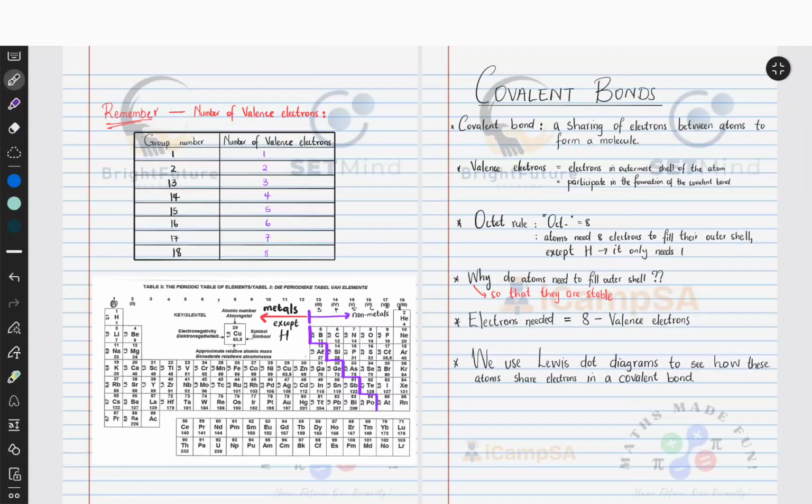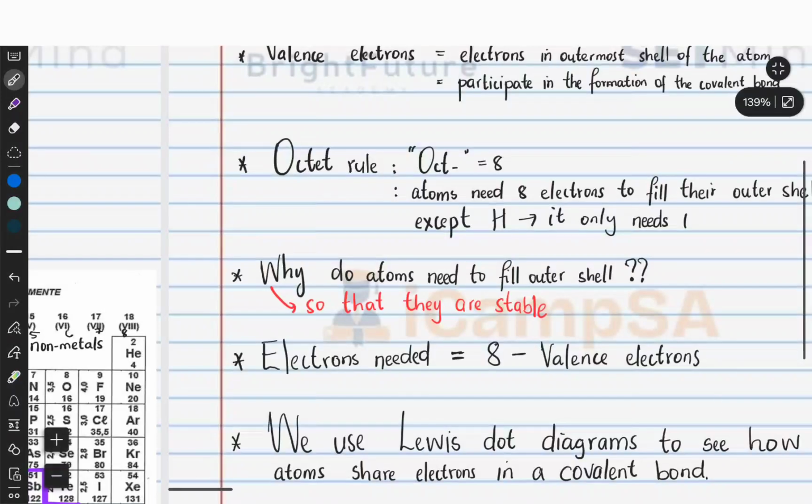So let us check how we normally use these Lewis dot diagrams to visualize how atoms share electrons between one another in order to reach a stable state. Remember what we said here. The reason these atoms are trying to fill their outer electron shells is because they want to achieve a stable state.